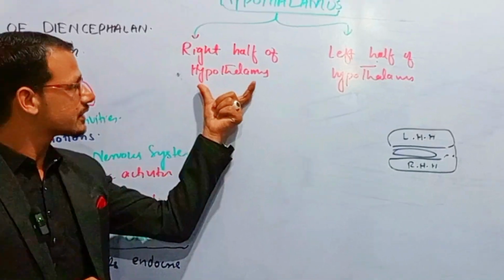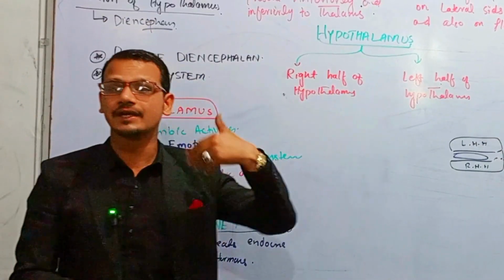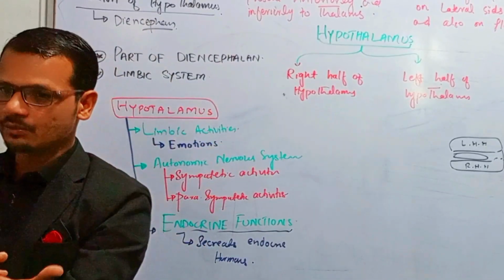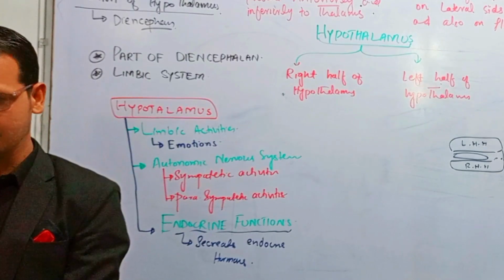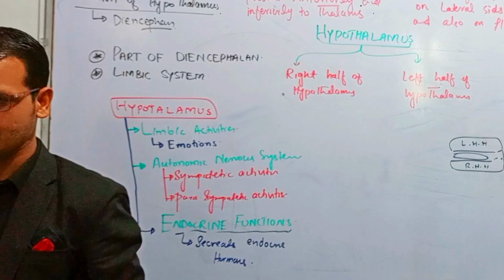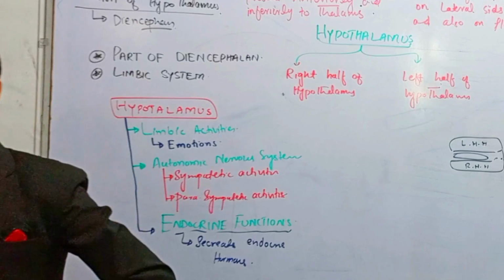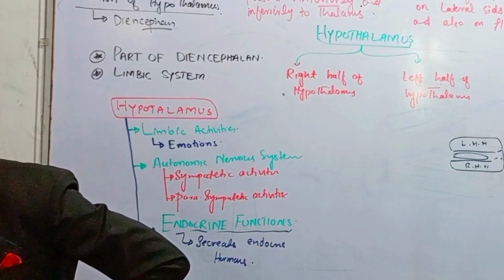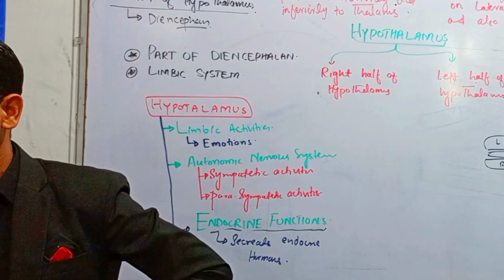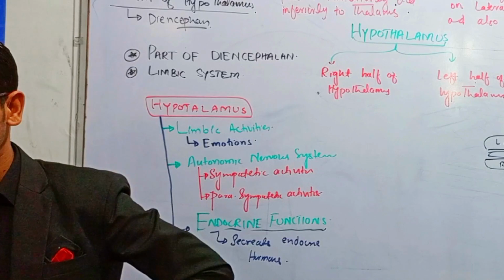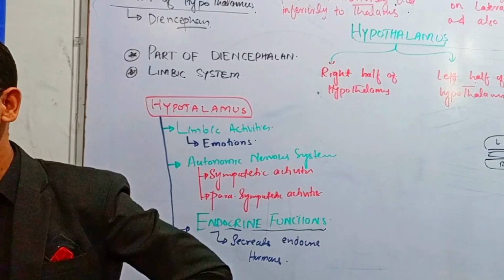Further, these right half and left half are divided into medial and lateral, but some tracts are entering. We will go a little bit deeper into this brain, and we will see the fornix system of the brain. What is the fornix system? You all have studied this brain in your FSc courses.